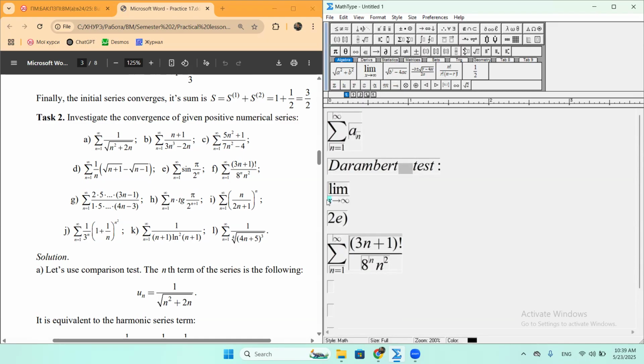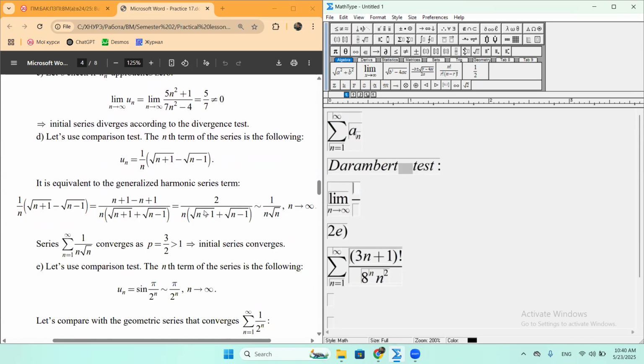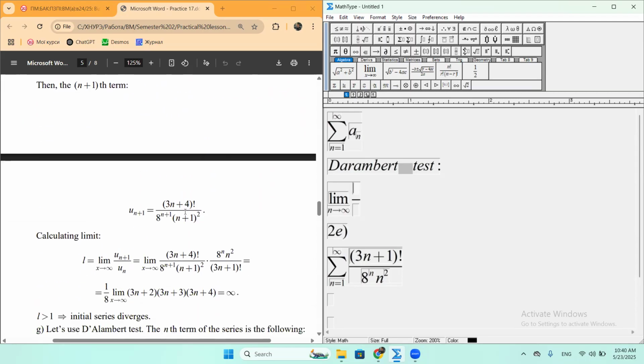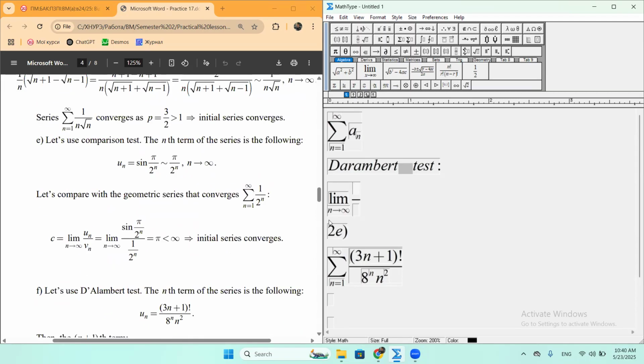When n approaches infinity, if I'm not mistaken, we need to calculate u(n plus 1) over u(n).